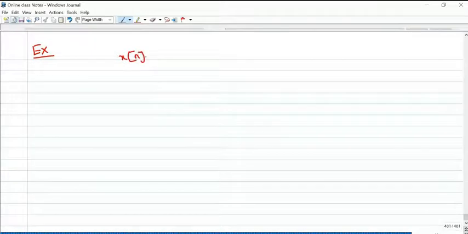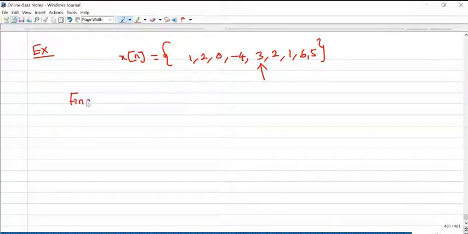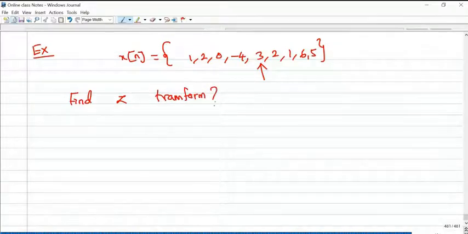Suppose a sequence is given, x of n equal to 1, 2, 0, minus 4, 3, 2, 1, 6, 5. And they also mention x of 0. Okay. Now find ROC. Sorry, find Z transform for this sequence.